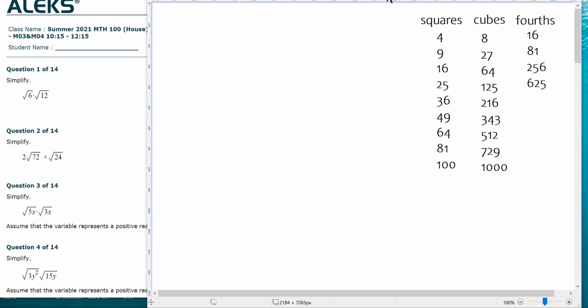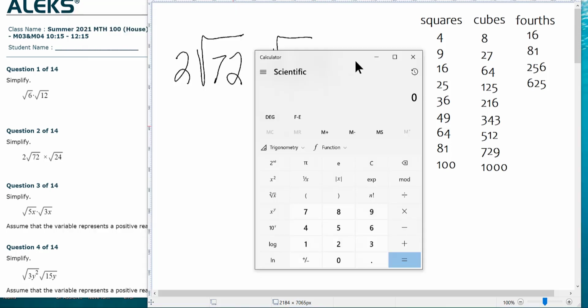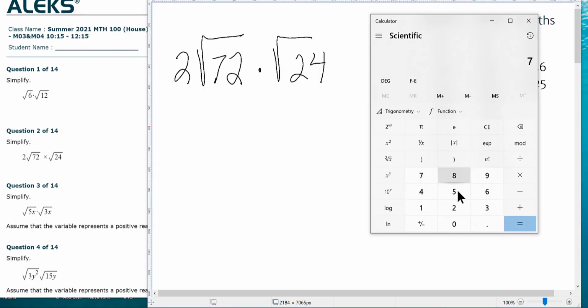Number 2. 2 times the square root of 72 times the square root of 24. Now, if I multiply 72 times 24, that's a really big number, 1,728.